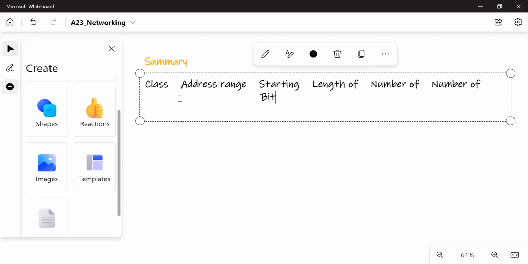So starting bits, then the length of the network ID, then the number of networks, and then the number of hosts.